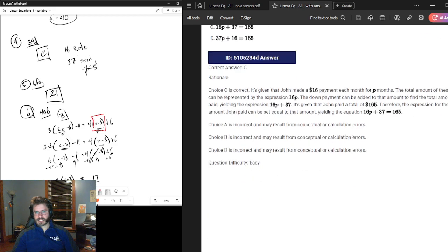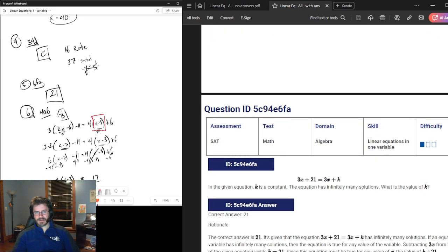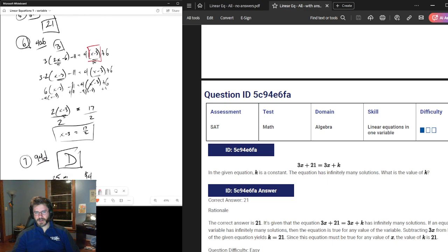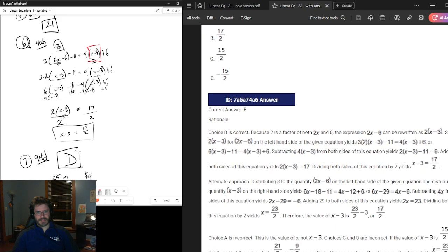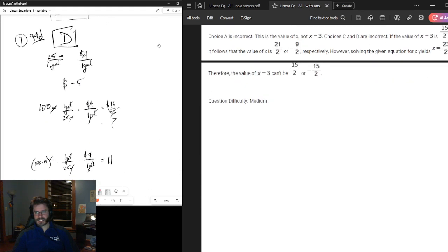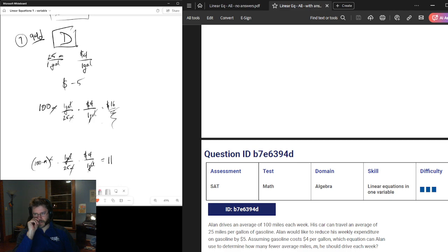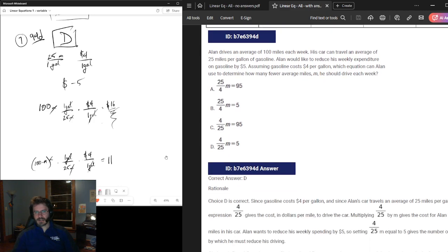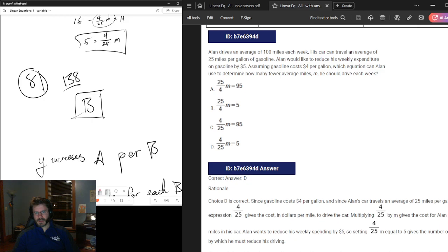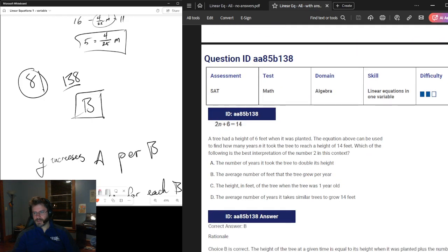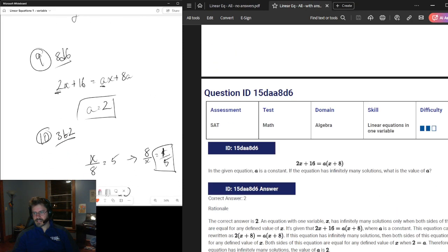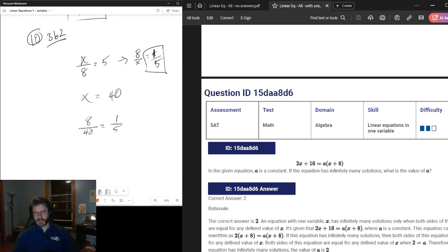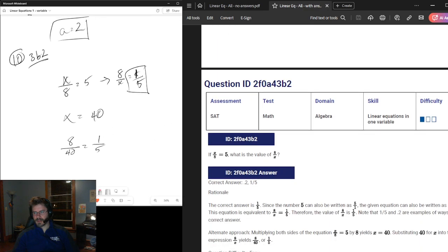Number 4, we got C. Number 5, we got 21. Number 6 is B. And number 7 corresponds to question code 94D, answer D. Number 8, question code 138, is answer B. Number 9, 8D6, is 2, and then we should have 1/5. They would also accept the decimal, it looks like 0.2.